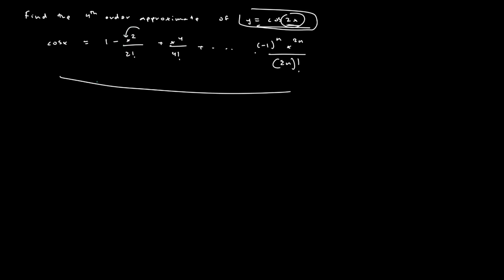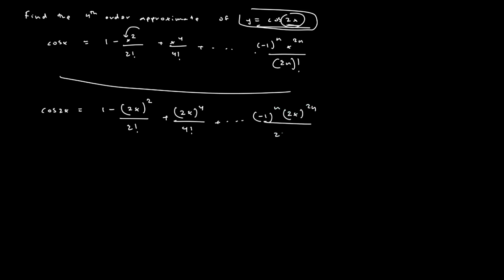So the estimate for cosine 2x will simply be 1 minus 2x squared divided by 2 factorial plus 2x to the power of 4 divided by 4 factorial plus negative 1 to the n times 2x to the 2n divided by 2n factorial.